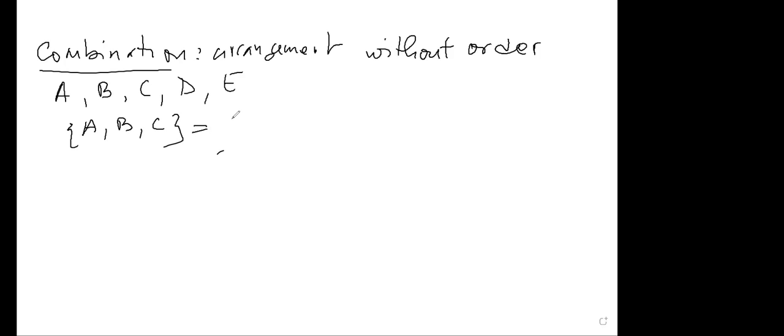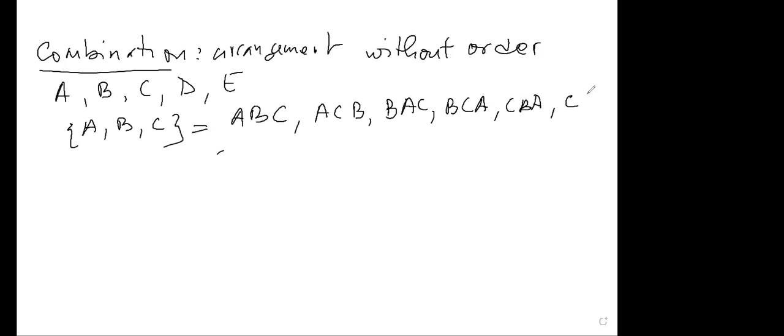As permutations, I will write them as ABC or ACB or BAC or BCA or CBA or CAB. So a single combination expresses more permutations, 6 permutations in this case.